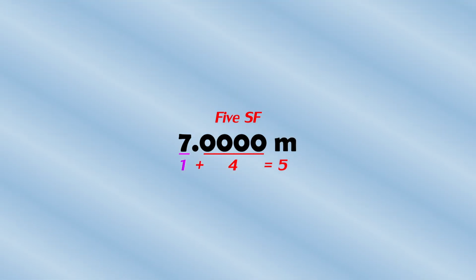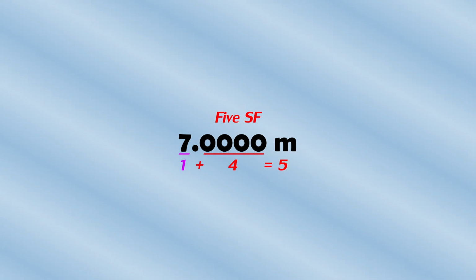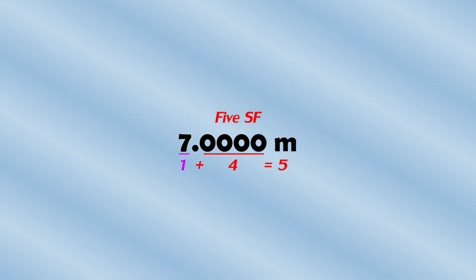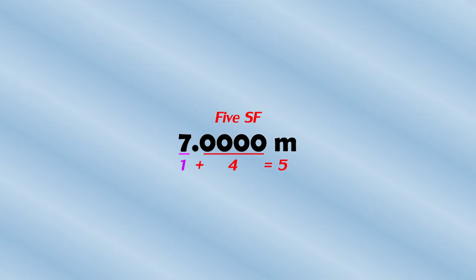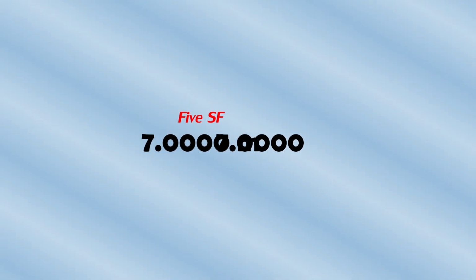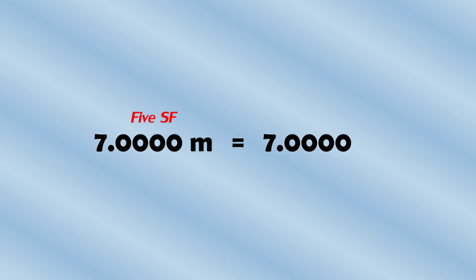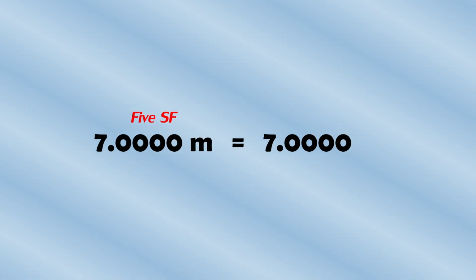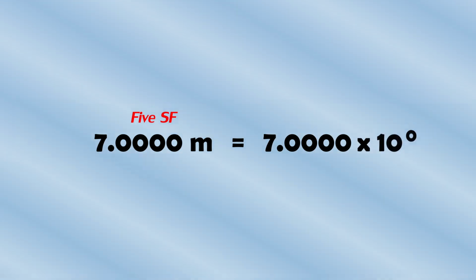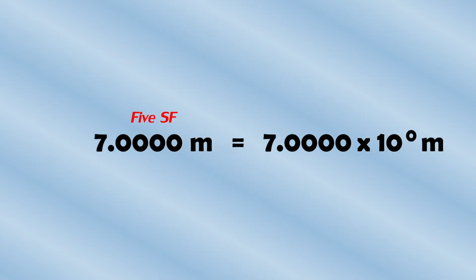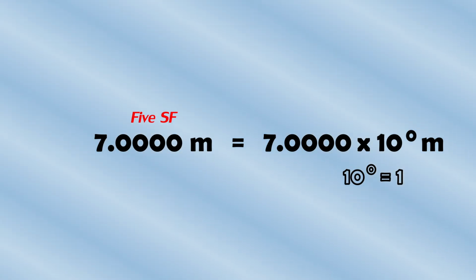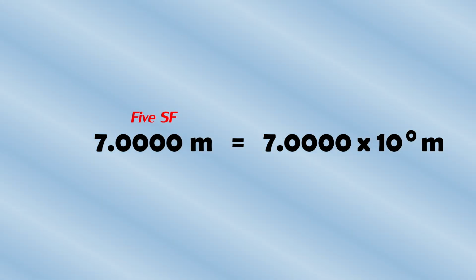They are giving us the precision of the number, and the more digits after the decimal point, the more precision you have, right? Now you know how to put this in scientific notation: I could take that number, 7.0000, and multiply it by 10 to the 0 meters. 10 to the 0 is the same thing as 1. So that's how you would write that number in scientific notation.